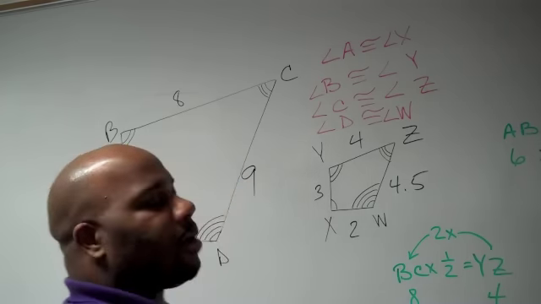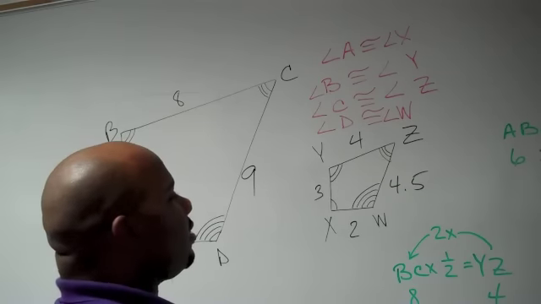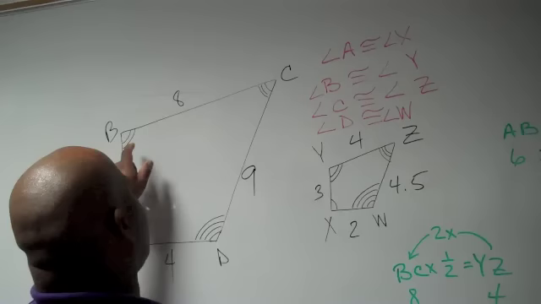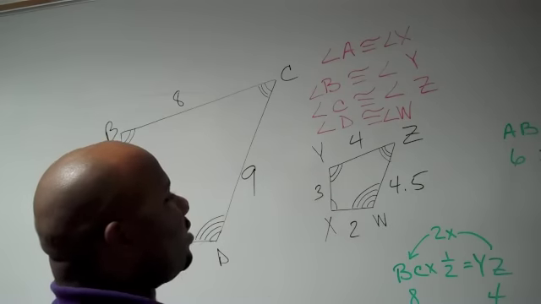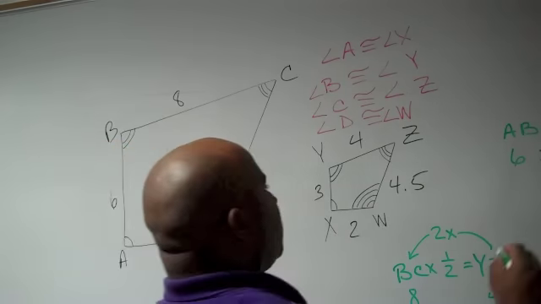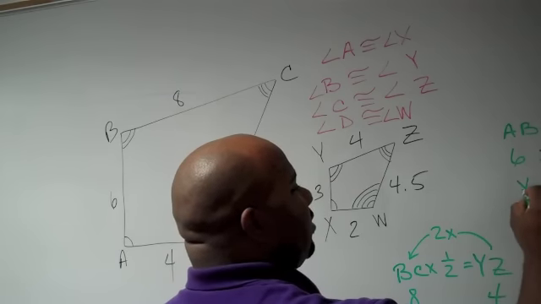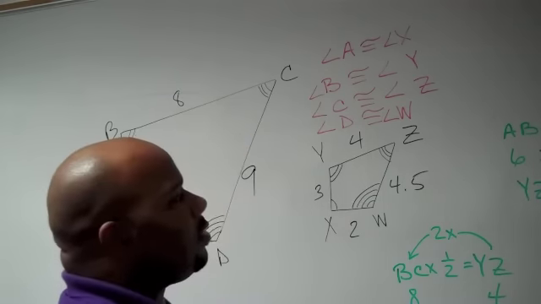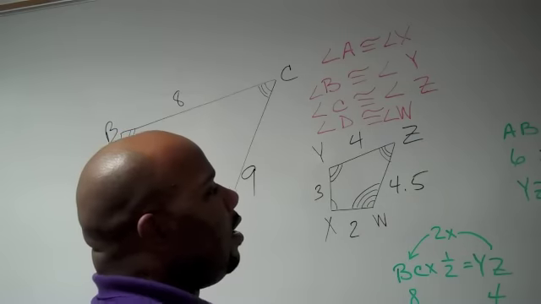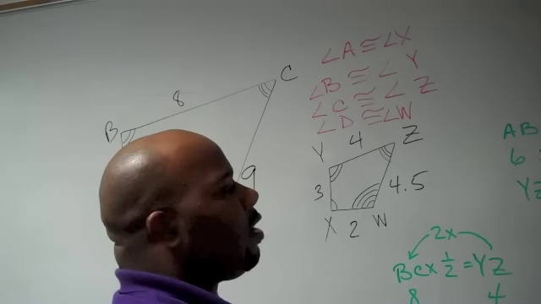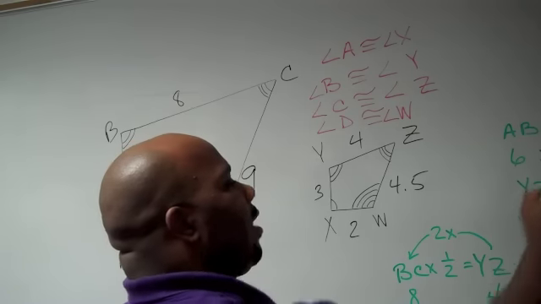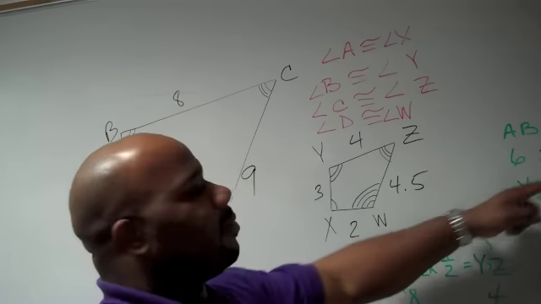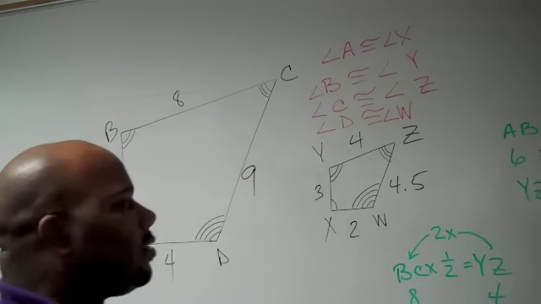Or not congruent, I apologize. It should be similar to side XY because these angles inside this side are congruent. So XY is equal to 3. Thus, these sides are similar because if we multiply them by 1/2, we get the same number.